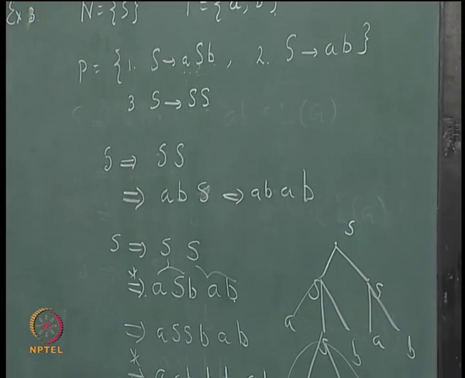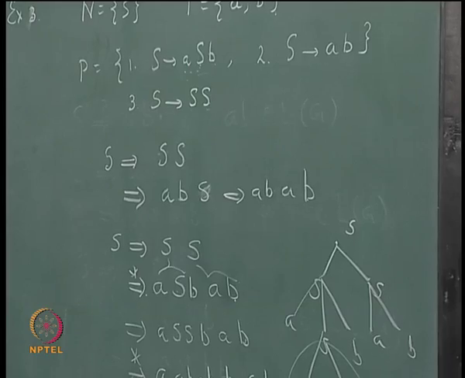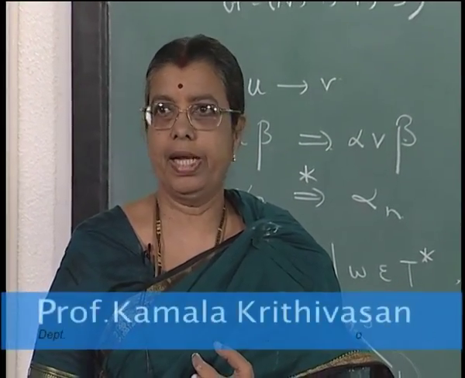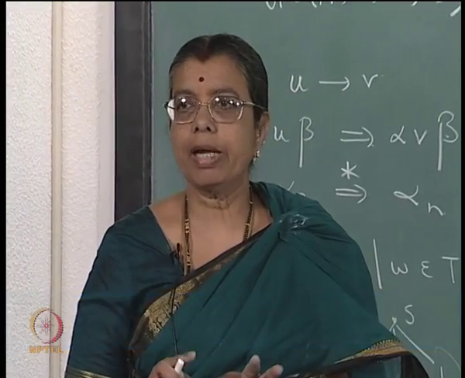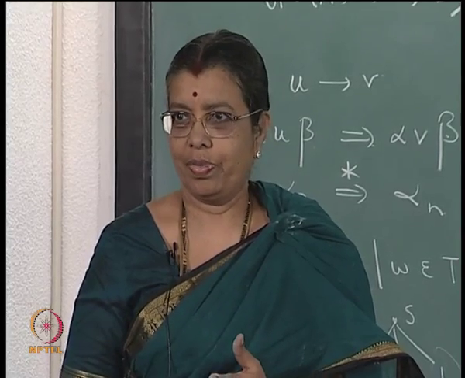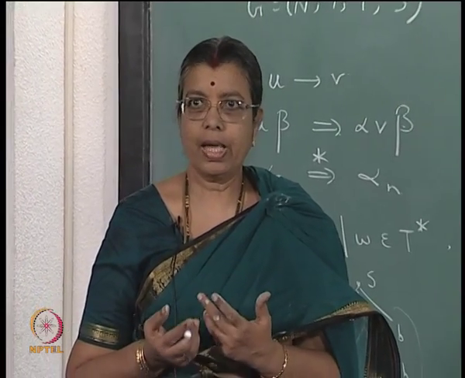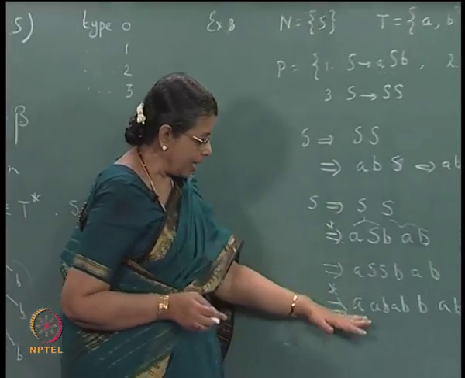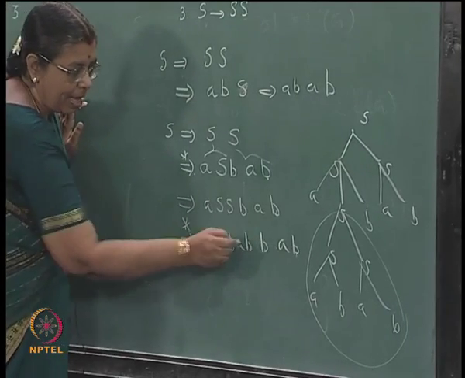Then when you use rule 1 or rule 2, you generate one A and one B. Whether you use rule 1 or 2, one A will be generated, one B will be generated. So, the resultant string will always have an equal number of A's and B's. Something more also, you cannot generate BA. Can you generate BA with this? You cannot generate BA with this. So, the resultant string generated in the grammar will have an equal number of A's and B's. For example, here you have 4 A's and 4 B's.